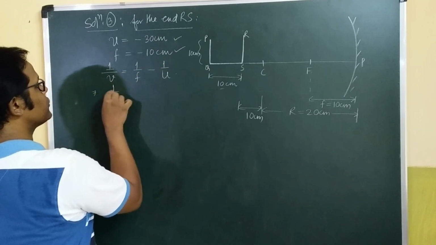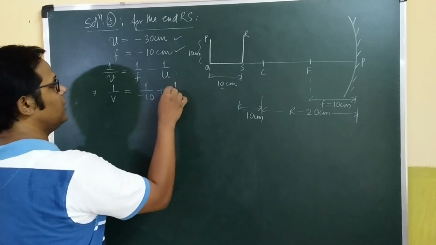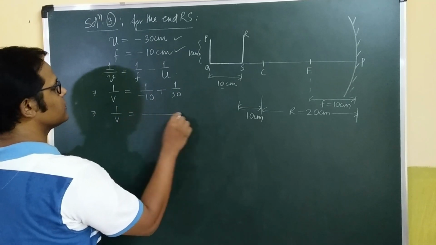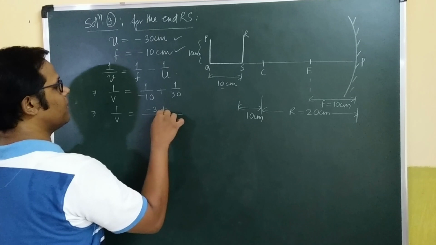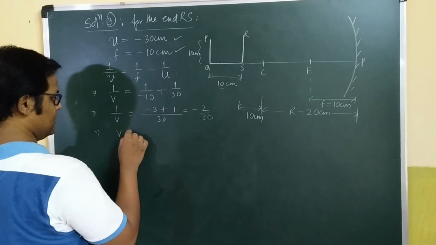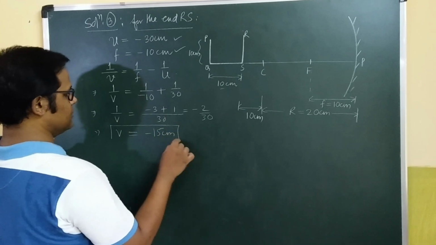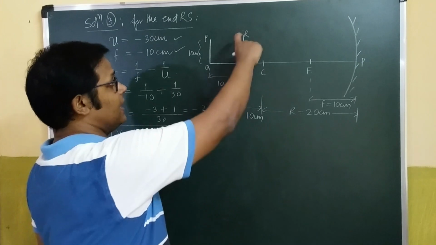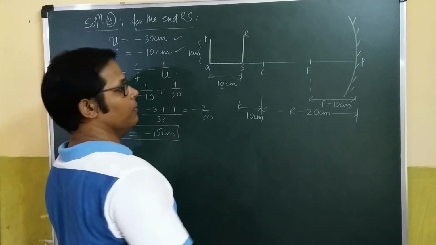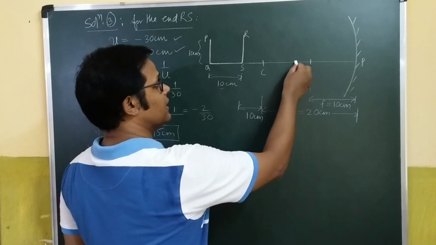So I find 1 by v equals 1 by minus 10, minus minus 1 by 30, which becomes minus 3 plus 1, that is minus 2 by 30. So v is going to form at minus 15 centimeters. Means this end RS is going to form 15 centimeters away from the pole, greater than 10, lesser than 20.